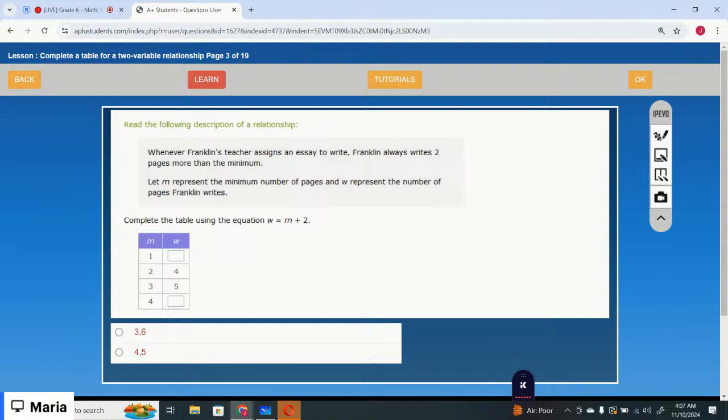Complete the table using the equation w equals m plus 2. So which is the correct option?